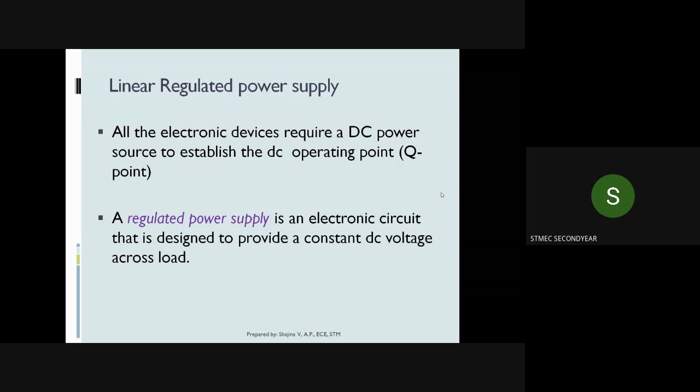Regulated means we have an unregulated supply voltage that we draw from the AC mains, and from that we derive a constant DC voltage of required level for the load.